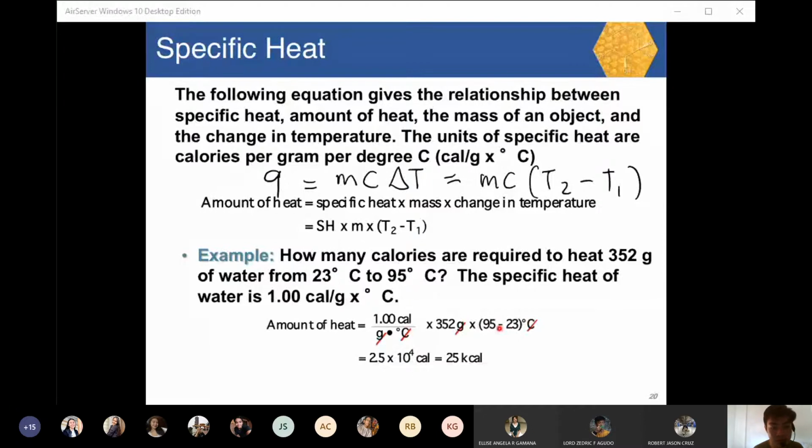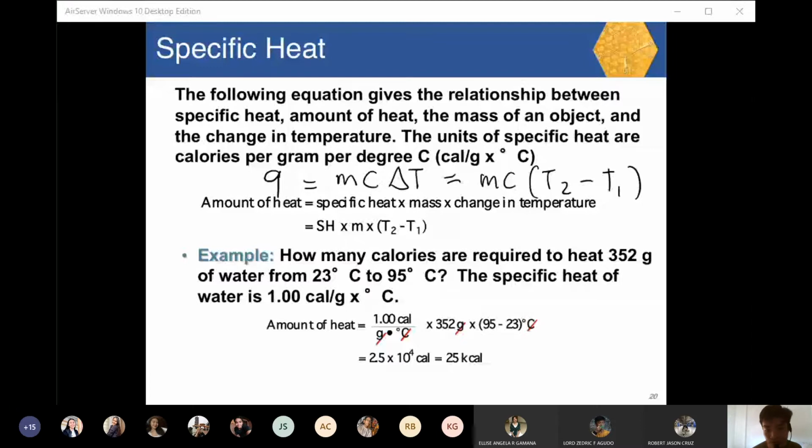Then you multiply by the specific heat of your material, in this case, water. The specific heat of water is 1 calorie per gram degree Celsius. I know you're familiar with the 4.184 joule per gram Kelvin, but this time we will just use calories.